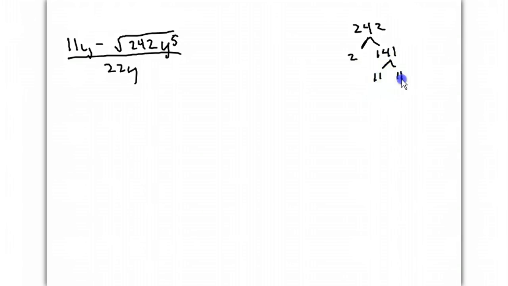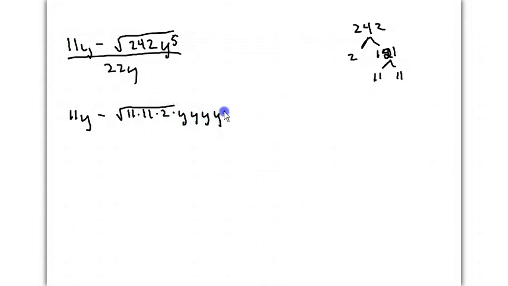I'm sorry, 2 times 121. And 121 gives us 11 times 11. So 242 can be written as, you have 11y minus the square root of 11 times 11 times 2. And then we have 5 y's, because we have y to the 5th. And that's divided by 22y.